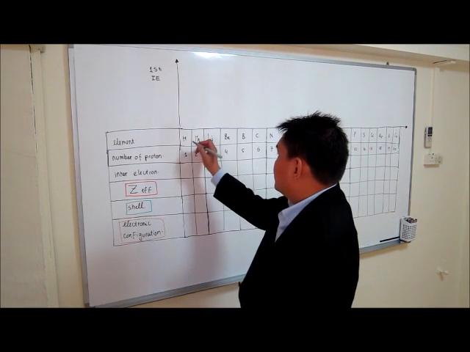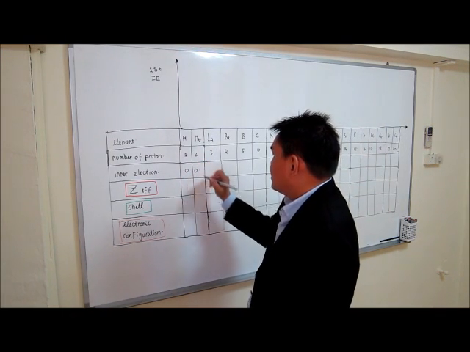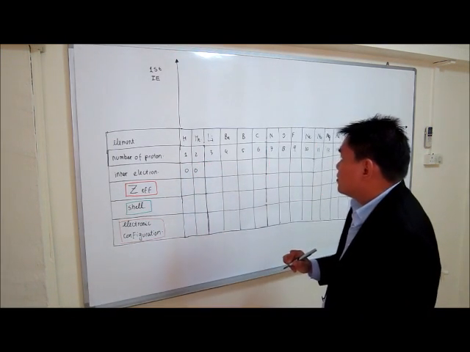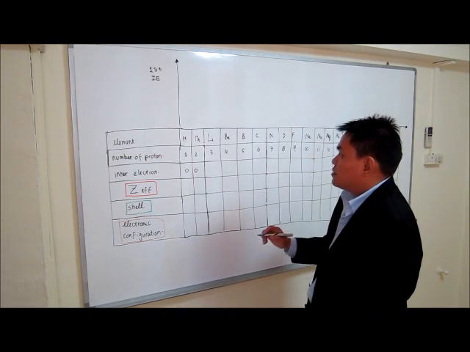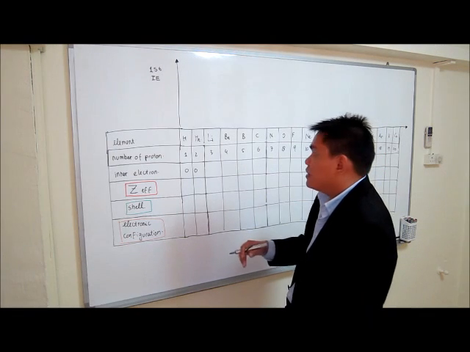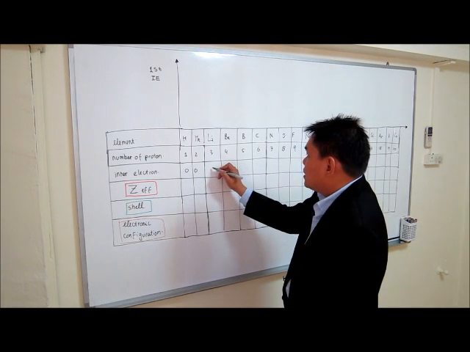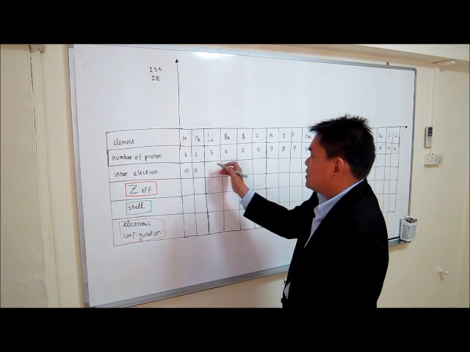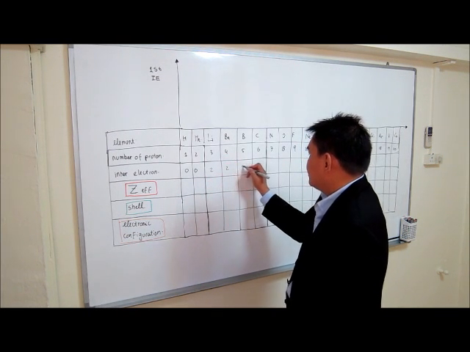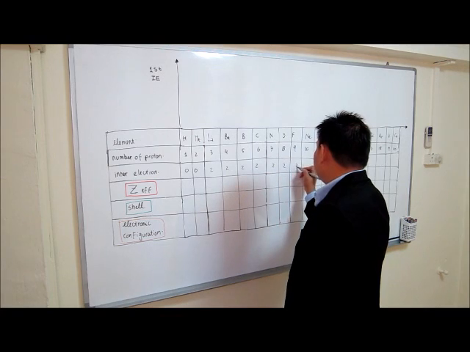The inner electrons for hydrogen and helium are of course 0. From lithium to neon is of course 2 because they are in the second period, which means the 2 electrons on the first shell are considered inner electrons. Very simple.